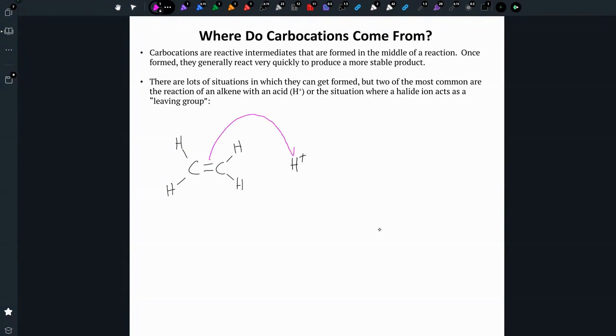If I have the pi bond go and attack the hydrogen, that's going to form a new bond to one of those two carbons. Which one to choose is kind of an arbitrary choice. I'm going to choose to bond it to the carbon on the right, so I'll highlight my new bond here.